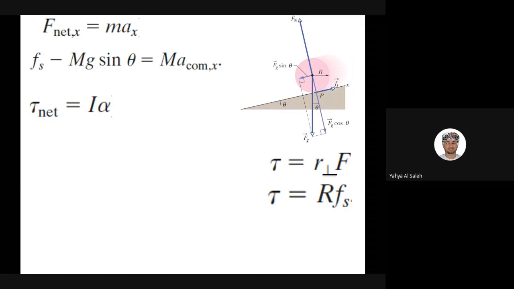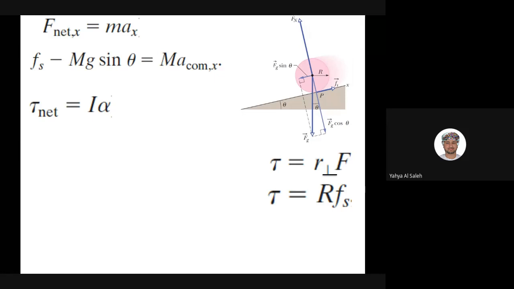Now we know that torque is R cross F. The only force that is not taking place at the center of mass is what? Friction. All the other forces are taking place at the center of mass, so R, the distance for them, is 0. But in this case, your friction is not at the center of mass.